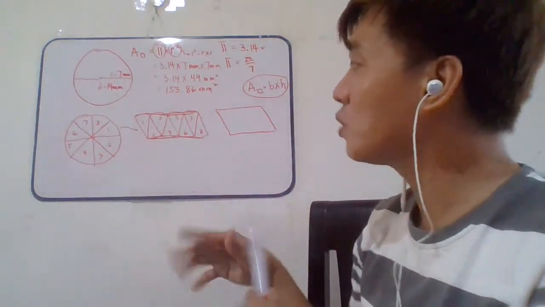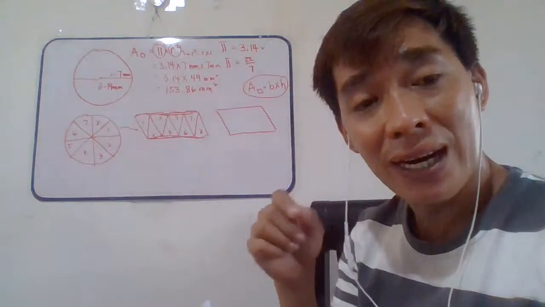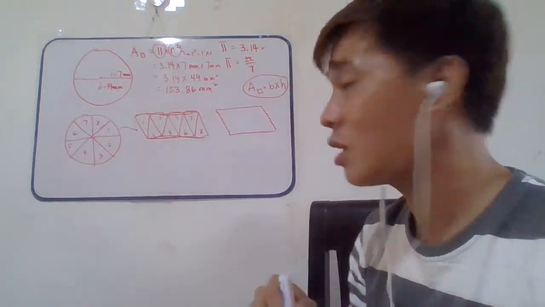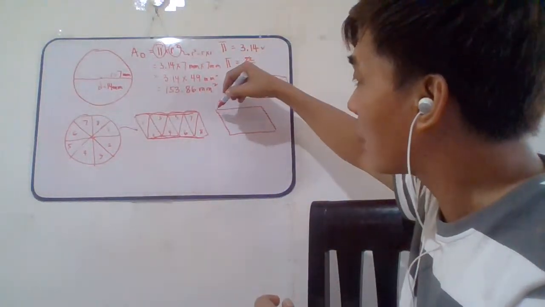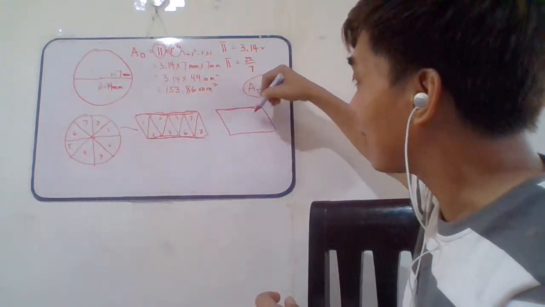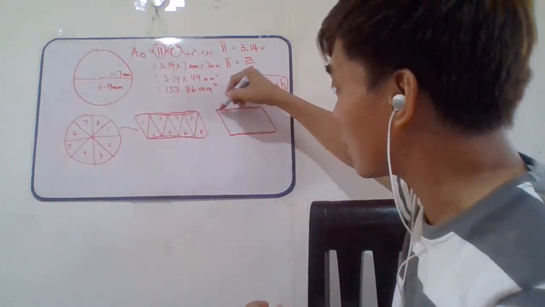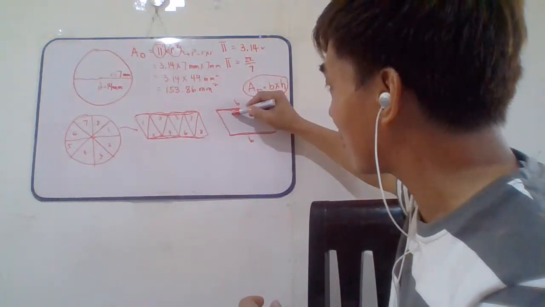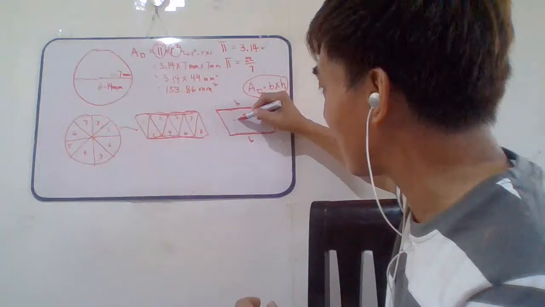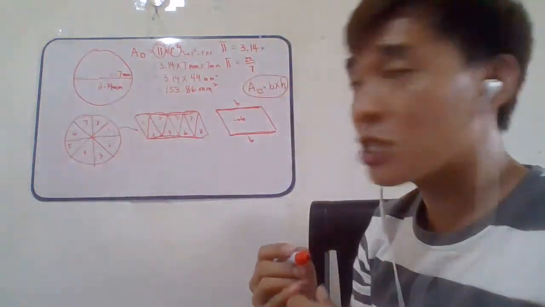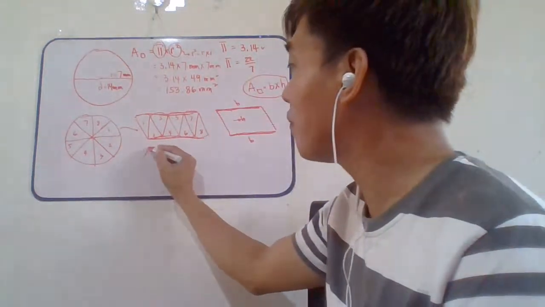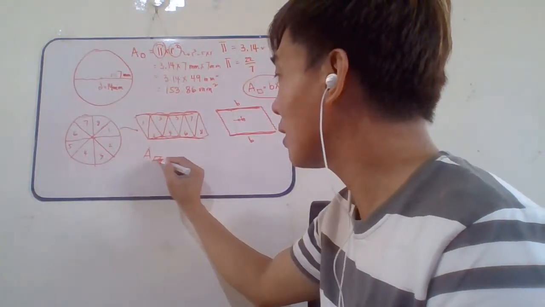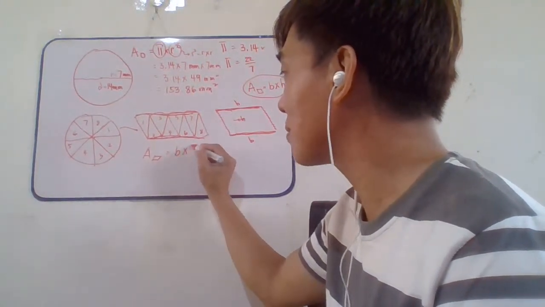Now if we relate it to the circle, divided into fine sectors, we just have to multiply the base and the height. So to get the area of the parallelogram, that is just base times height.